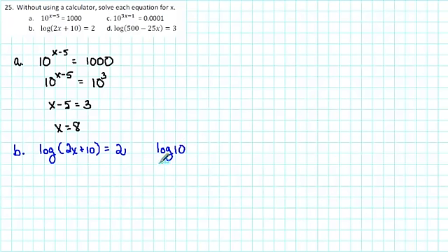Well, a common logarithm is a power of 10. So we have to think, what is the power of 10 that produces 10? Well, we know that 10 to the first power is 10. So we can write this as log of 10 to the first power. The exponent of 10 is 1, so the logarithm of 10 is 1.